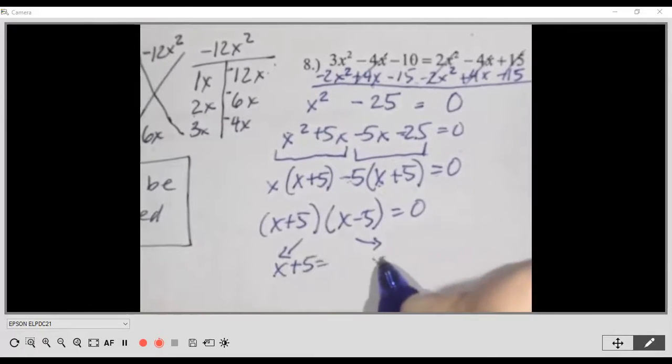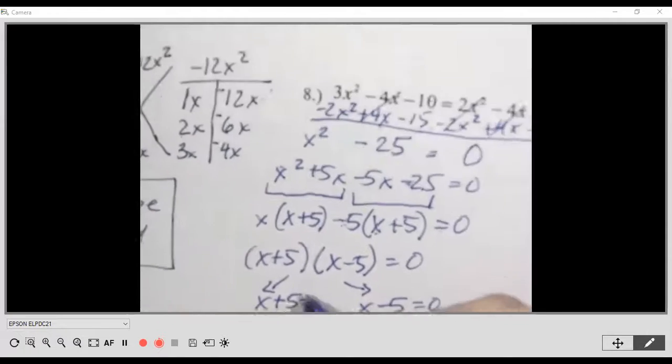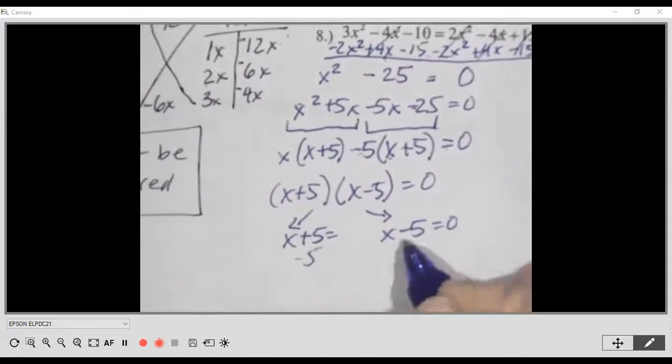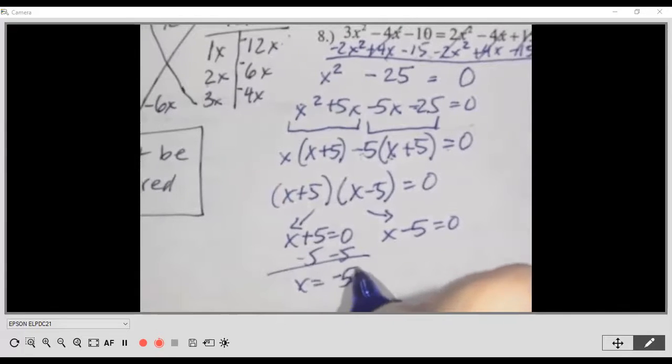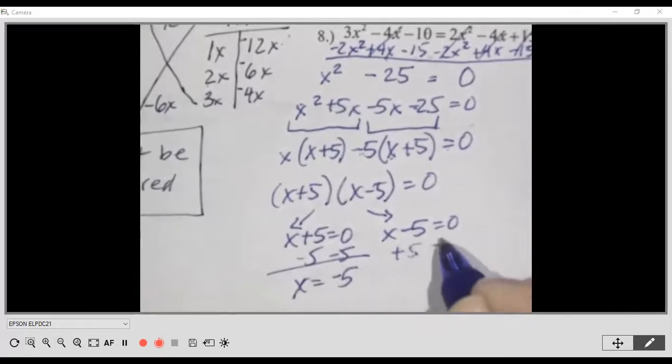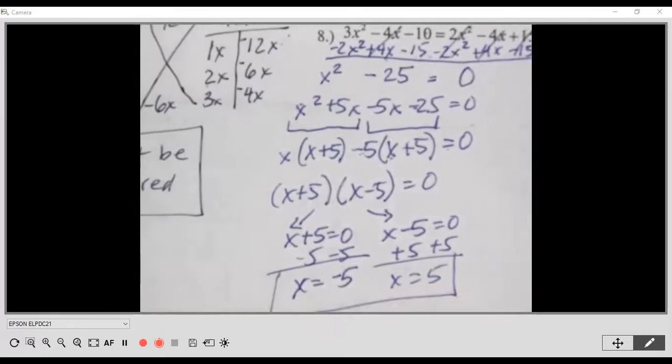Either x plus 5 equals 0 or x minus 5 equals 0. These are both just one-step equations. So x equals negative 5, add 5 to each side, x equals positive 5. So our zeros, our x-intercepts, are x equals negative 5 and x equals positive 5.